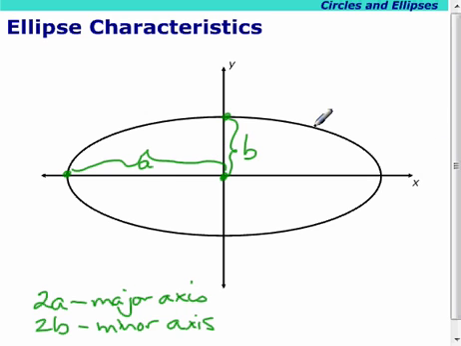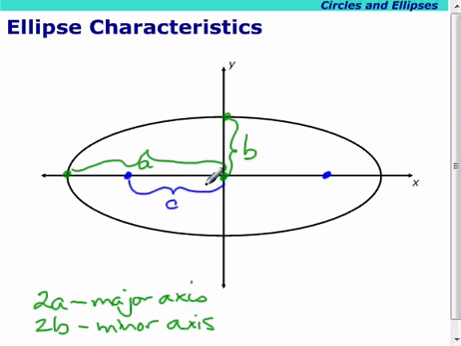Now the only one left to do is c, and we've seen what the focus point is and how that helps define an ellipse earlier. The focus points would be out here somewhere. There's one there, and there's always one on the other side too. There are always two focus points, and the distance from the focus point to the middle is called c.